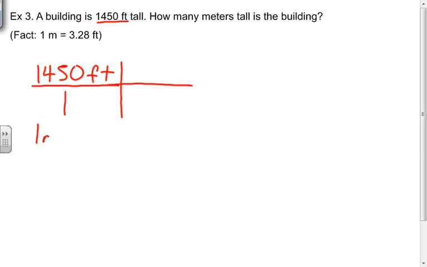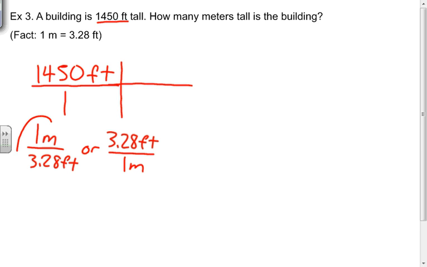Is it 1 meter on top, or is it 1 meter on bottom? Well, let's look at what I've got so far. In my problem, I have feet on top, so in order to get rid of it, I also need feet on the bottom.